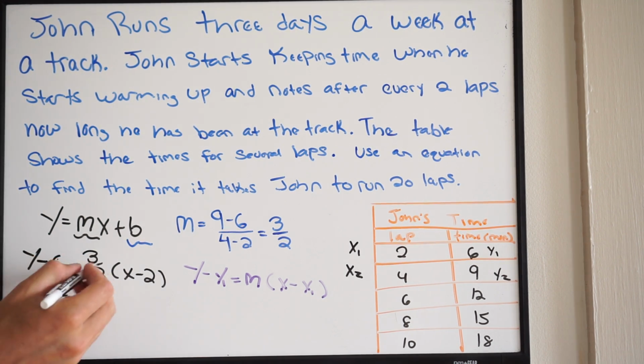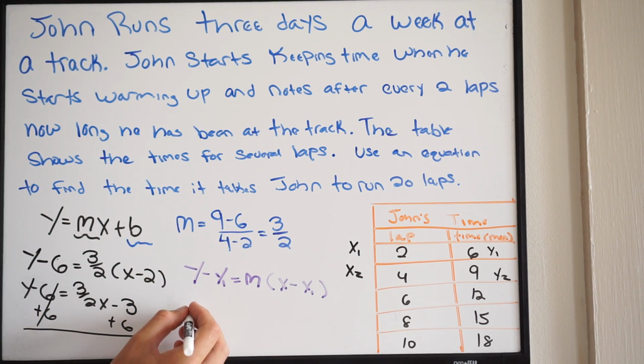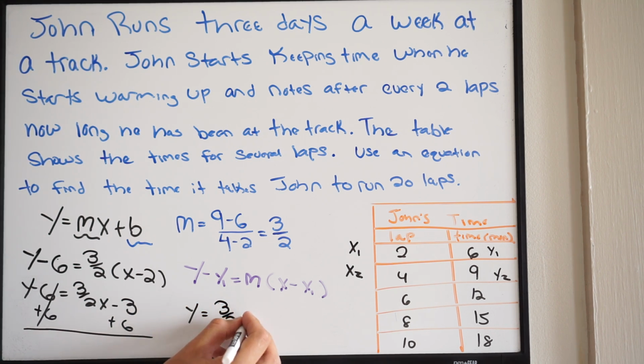Well, the 2's will cancel out, we're left with just a negative, so it will be negative 3. Our last step here is to add 6 to both sides, and we get y equals 3 over 2x plus 3.